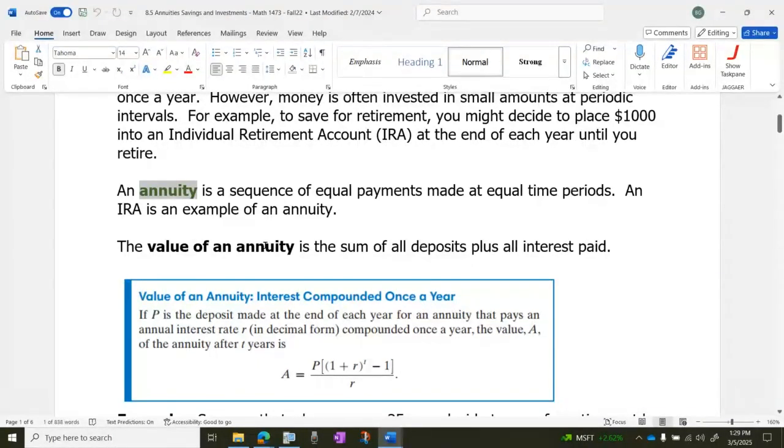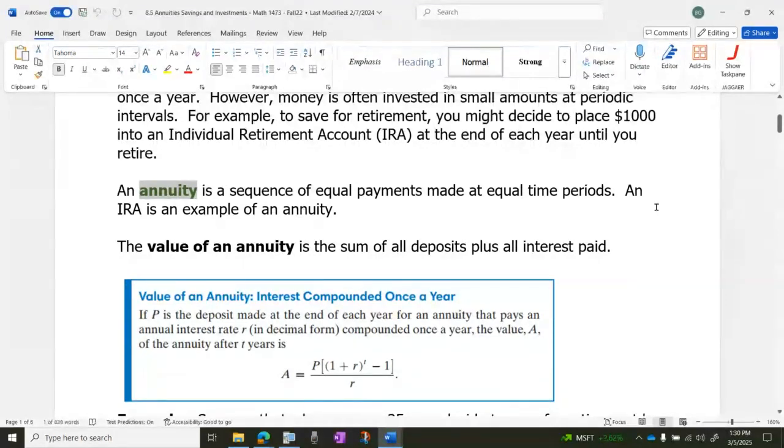A lot of people like this way, right? Every month, how much money put in, or you invest 500 every quarter, or you put in 1,000 every half a year, or you put in 2,000 every year, right? So people like this type of investment process, and that kind of account is called annuity.